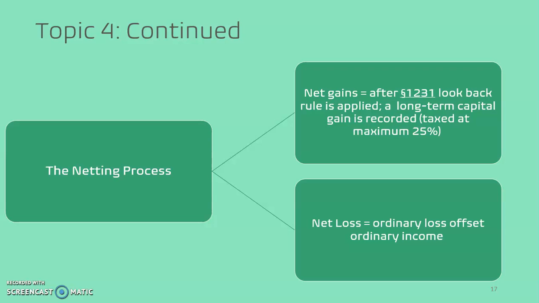For the netting process of Section 1231 gains, when there are gains recognized, after the Section 1231 look-back rule is applied, a long-term capital gain is recorded and taxed at a maximum 25%. However, if the netting process results in a net loss, then it is recognized as an ordinary loss and it offsets ordinary income.